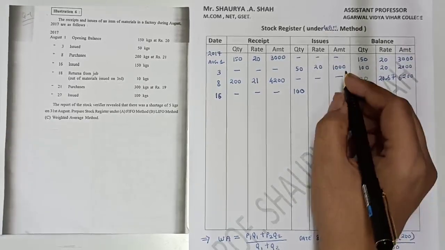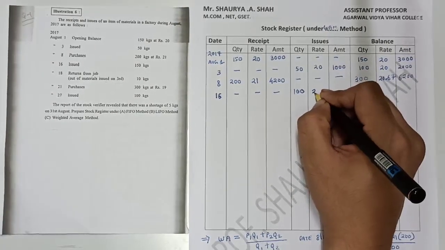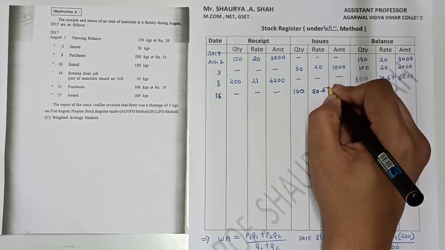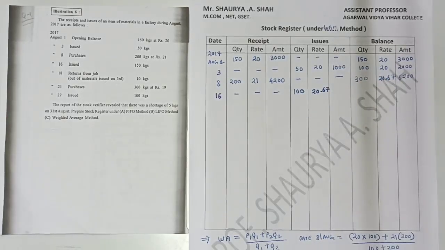So out of this 300, price will remain the same 20.67. So 100 into 20.67, I'll multiply, right?